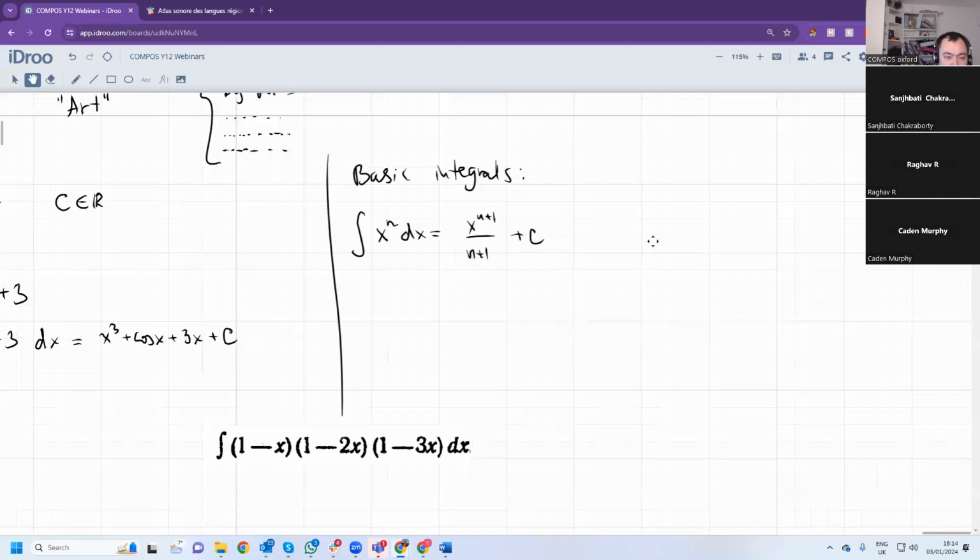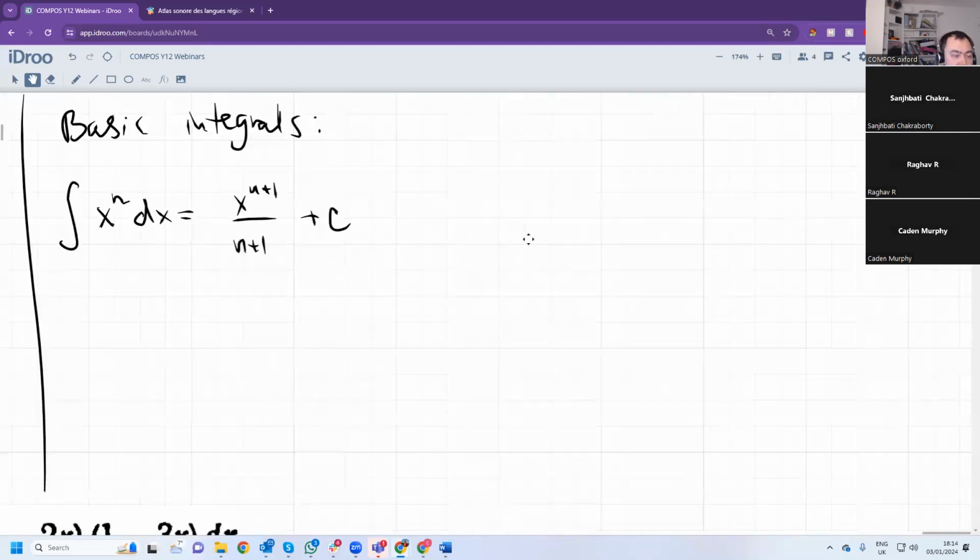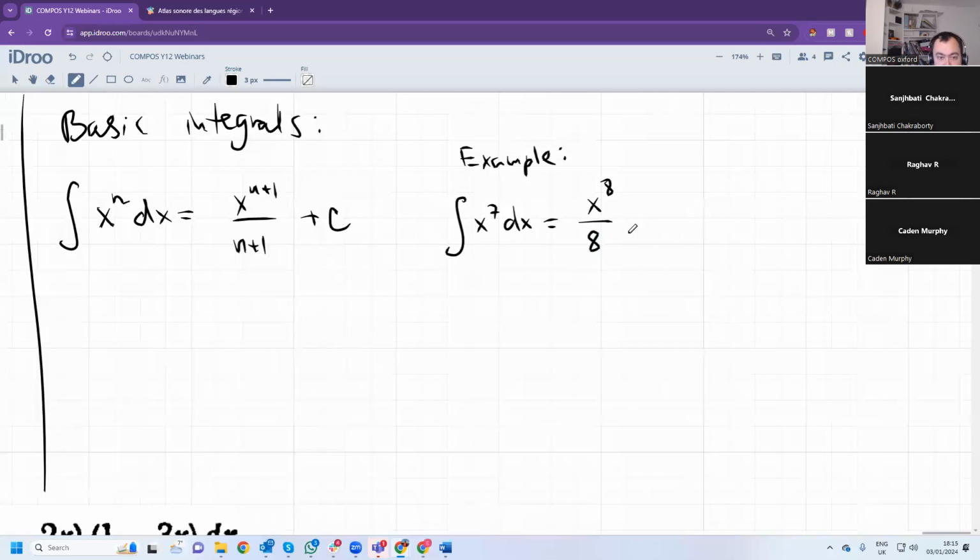And I'll do an example right away. The integral of x to the power 7 dx is x to the power 7 plus 1, so 8, over 8, plus c. The first one.